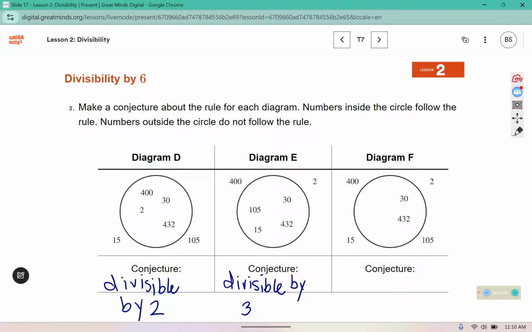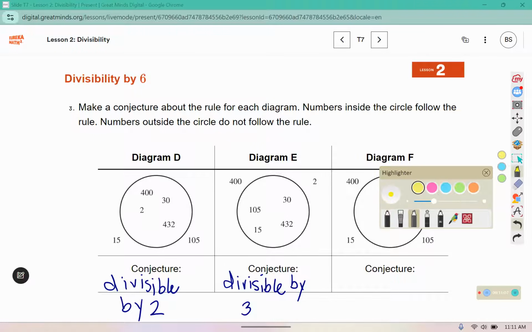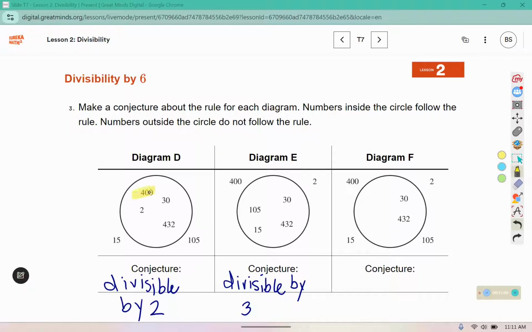432 appears in all 3 diagrams, but do they all follow the same rule? No. I see 2 is in D, but not in E, and not in F. 400 is in D, but not in E and not in F. I'm going to go through and highlight. This one is not in there. This one is not in there.